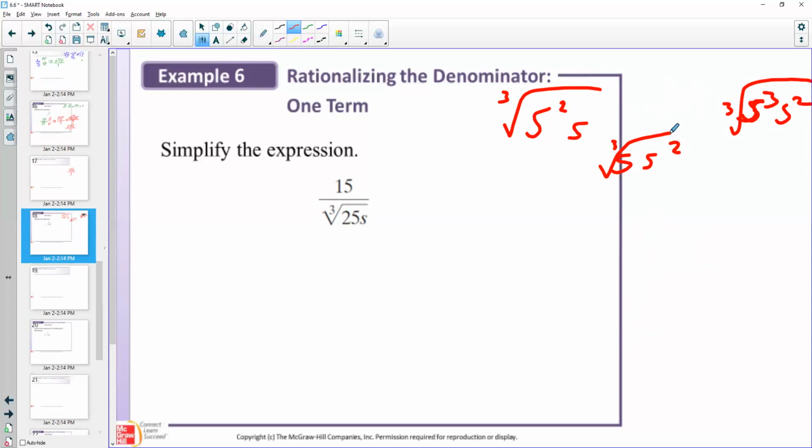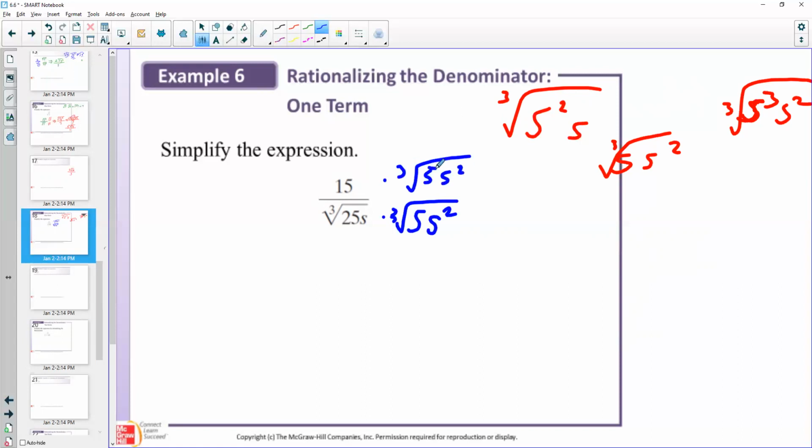So I'm going to multiply the numerator and the denominator by the cube root of 5s squared. Cube root of 5s squared. Sorry, my 5s and my s's look the same.